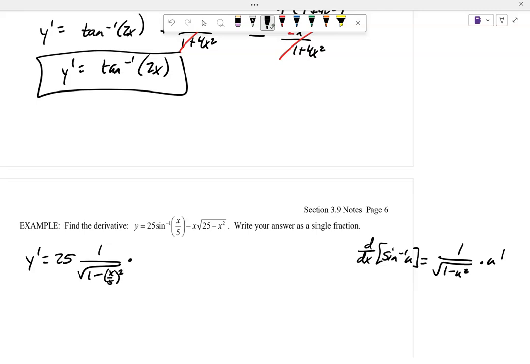So what's the derivative of 1/5 x? It's just times 1/5. And then minus, and now I've got a product rule here. So I've got to put this all in parentheses when I take the derivative of the first times the second plus the first times the derivative of the second. So that's 1/2 times 25 minus x squared to the 1/2 minus 1, so negative 1/2, times that chain rule, negative 2x derivative inside there.